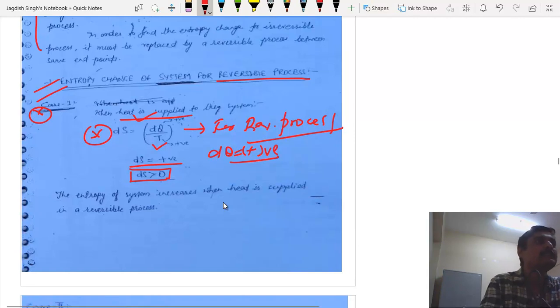Therefore, whenever heat is supplied, entropy of the system will increase, because as per sign convention, whenever heat is added, the sign will be positive. So whenever heat is added, entropy change will be positive. Entropy of the system will increase.